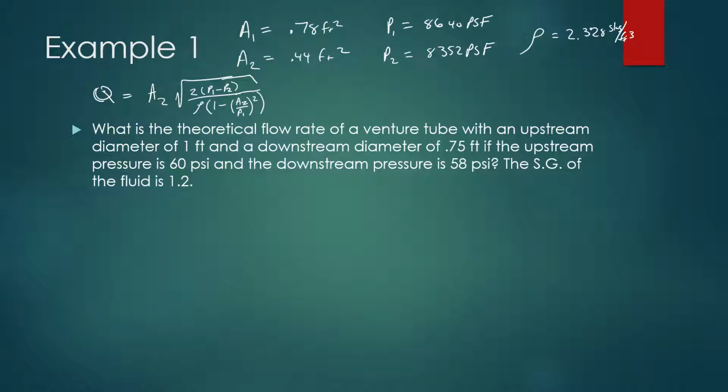Sorry about that, I'm trying to recall the equation. All right, so all we have to do is fill in the blanks and solve the equation. So it's actually pretty straightforward.